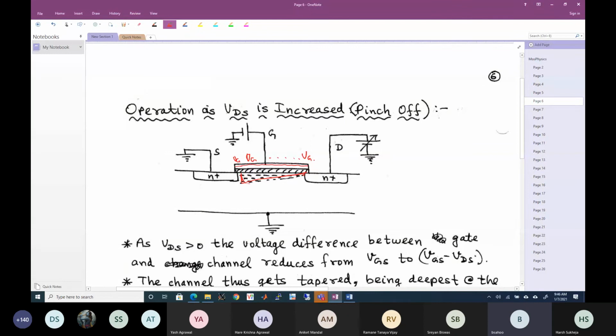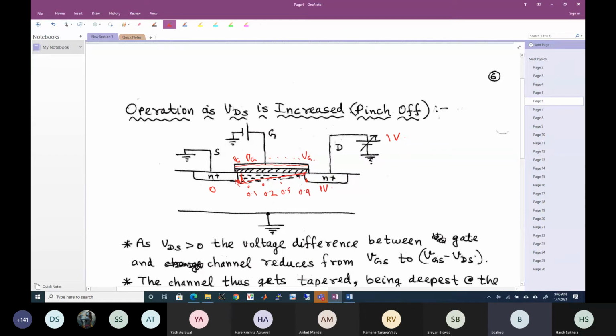But suppose I apply 1 volt at the drain and 0 volts at the source. So at one point it is going to be 0.1 volts, at another 0.2 volts, then 0.5 volts, and near the drain it is going to be 0.9 volts.